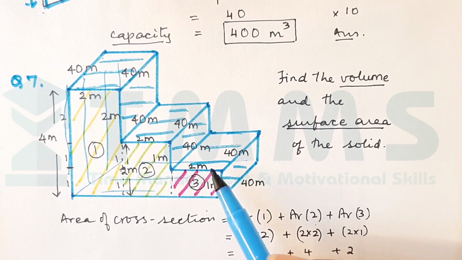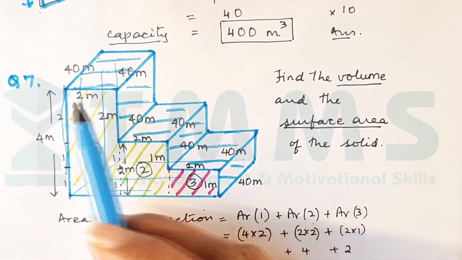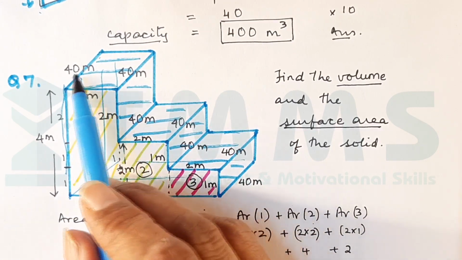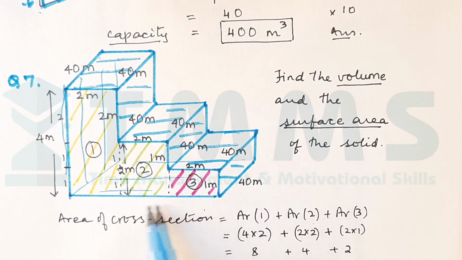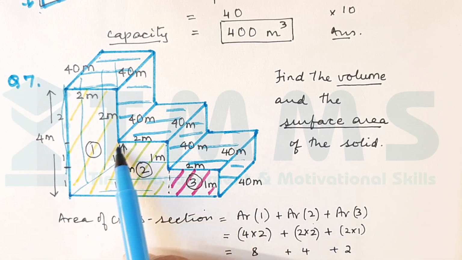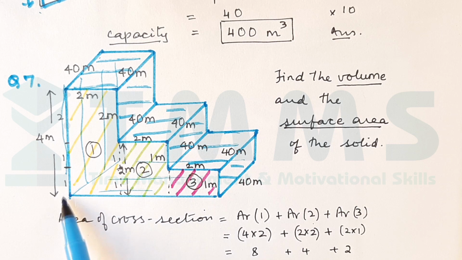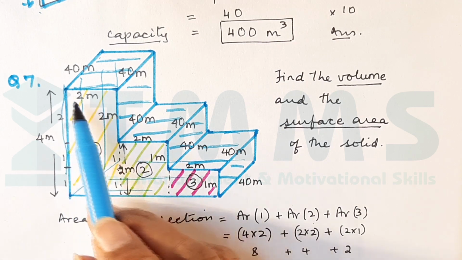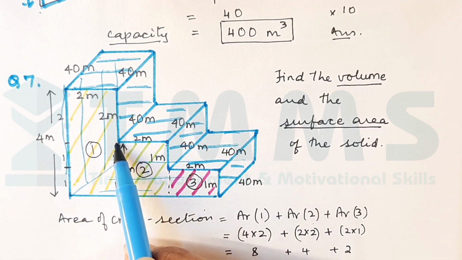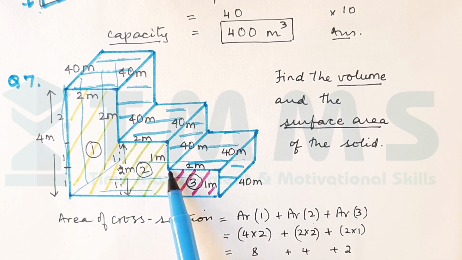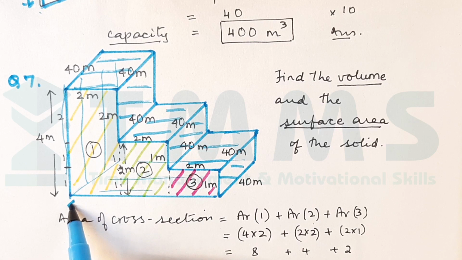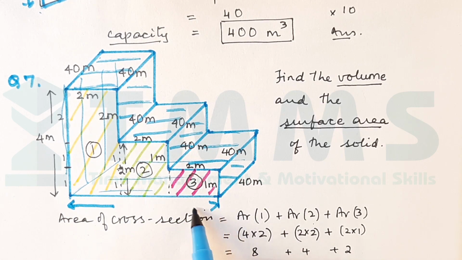Shall I explain this once again? The lateral surface area is going to be this area, which is having this as the boundary. Can you see this? This is the perimeter. Now the perimeter will be 2 plus this 2 plus this 2 plus this 1 plus this 2 plus this 1, and plus from here to here.